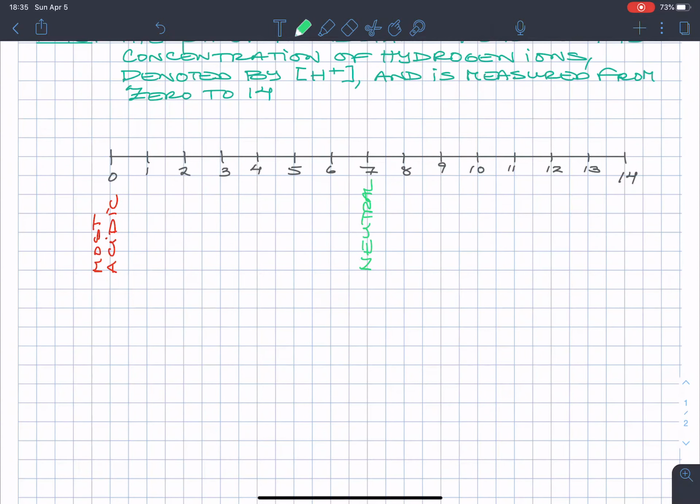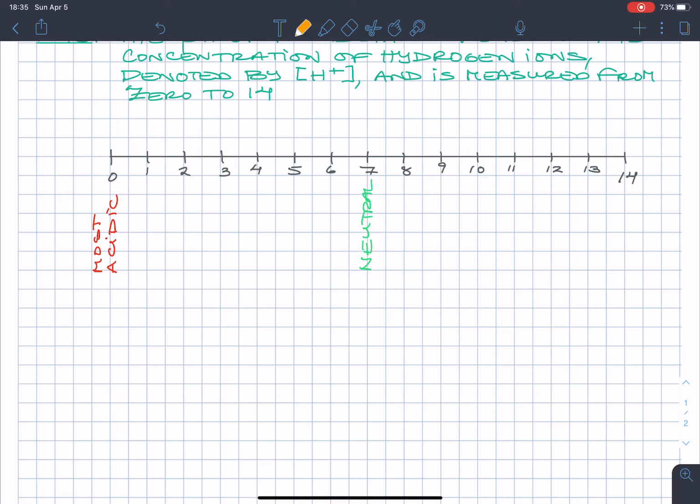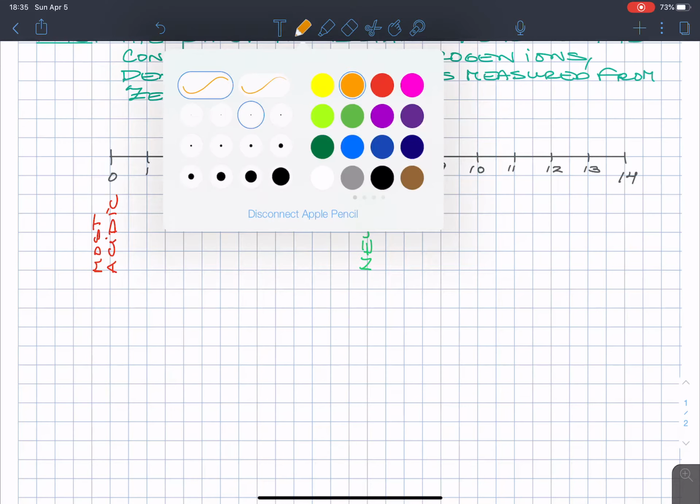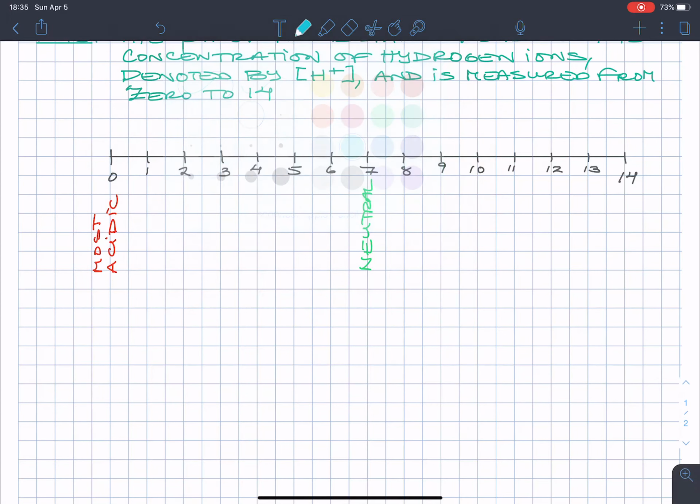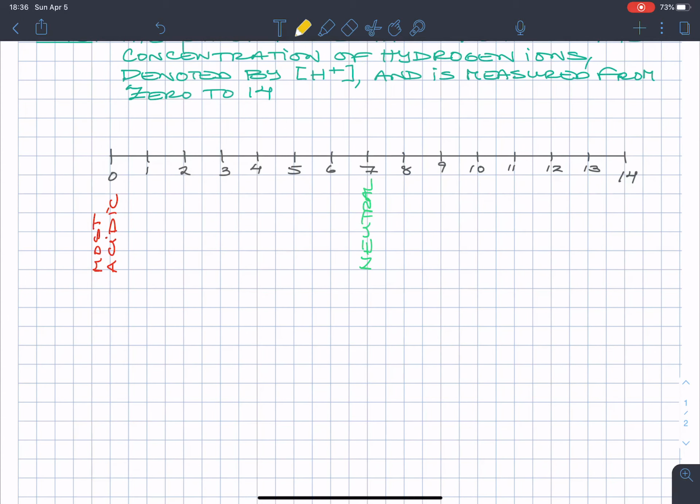Then at the top, let's use yellow. So here at 14 would be the most basic, or alkaline.